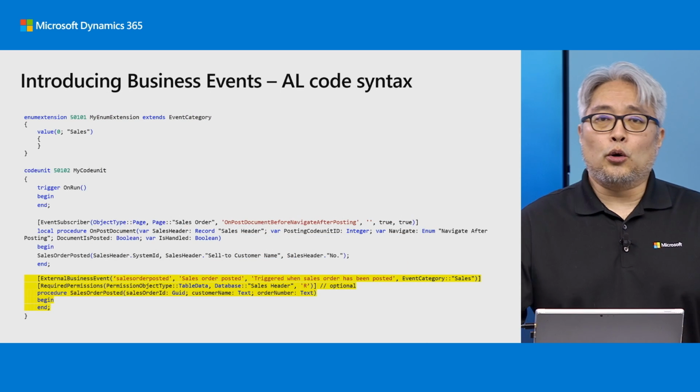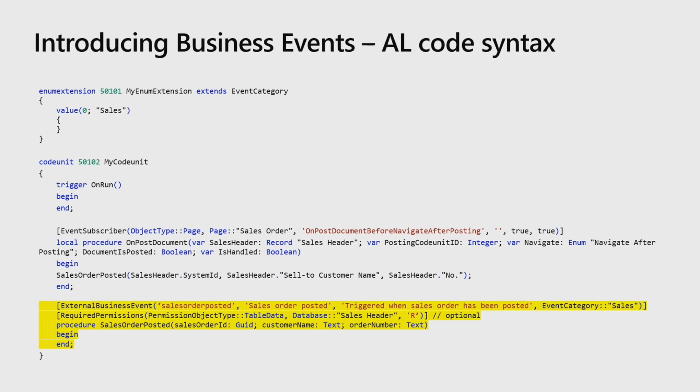Right. Now, going to the coding, you can also implement a business event in your own extension. The 2 things that you need to do: first, you need to define the category where your business event will belong. For example, in this example, I create a business event under the sales category. So you have to define your category using the extensible enum.